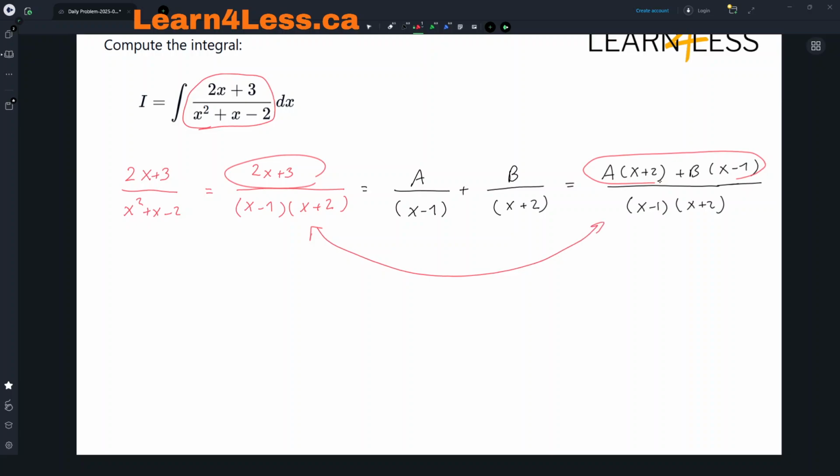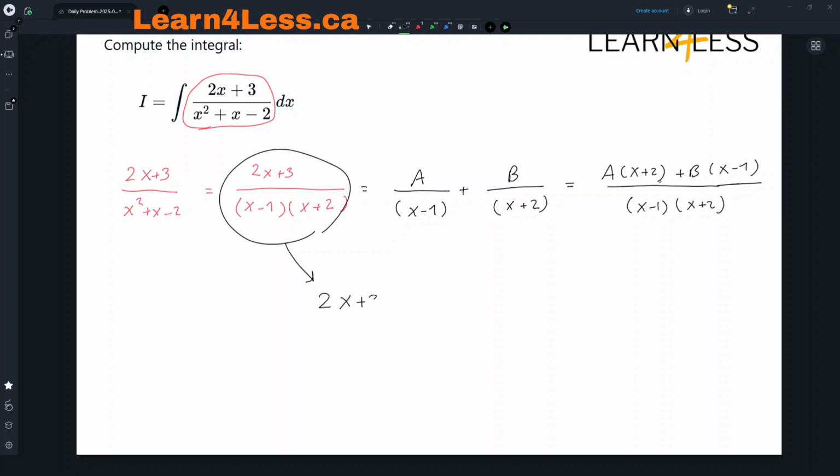Actually, we designed the denominators so they are exactly matching. The focus is on the numerator. So the numerator of this one, I just write it here, which is 2x plus 3. And the numerator of this one here is A times x plus 2 plus B times x minus 1.